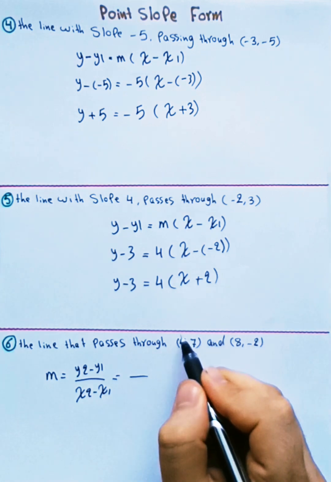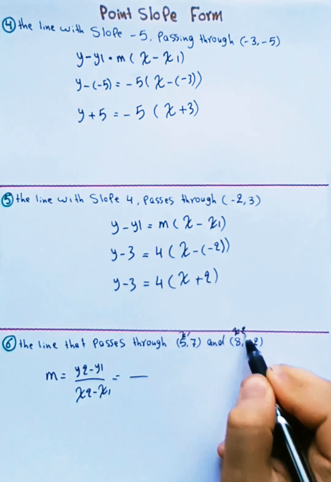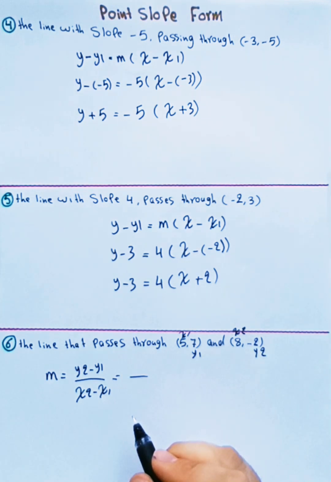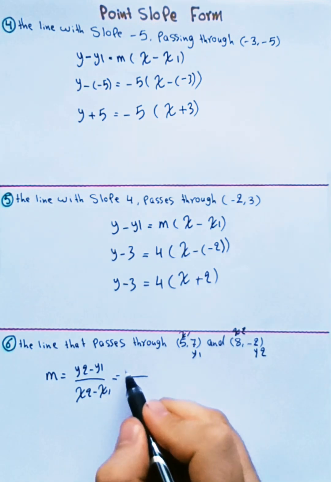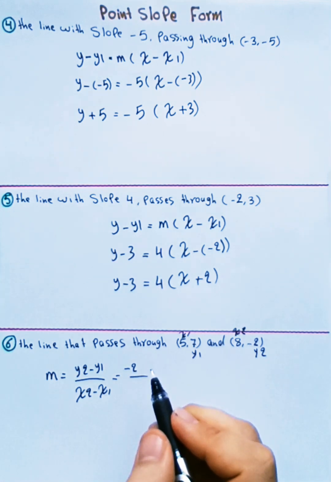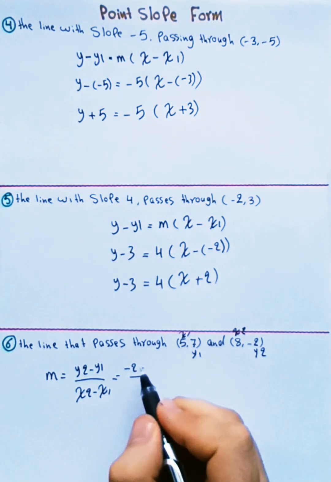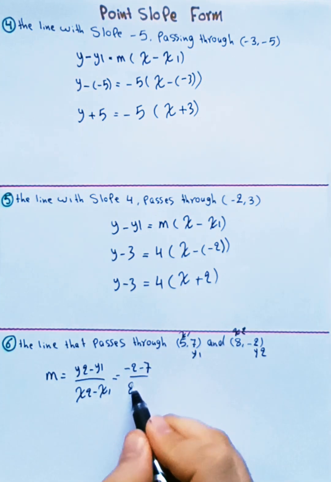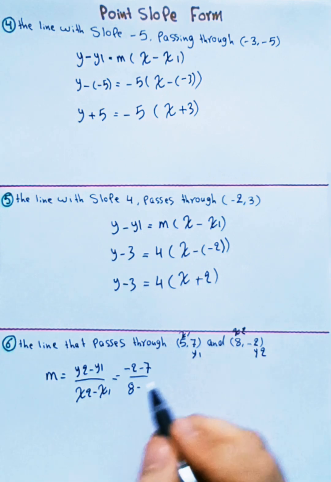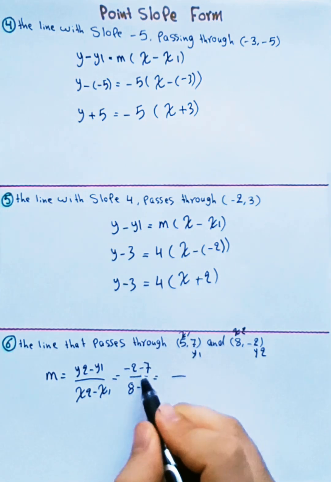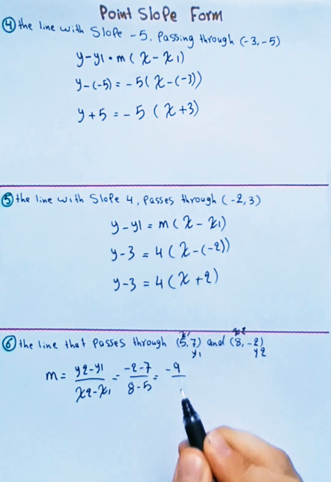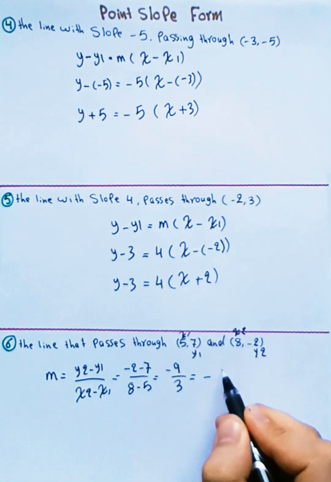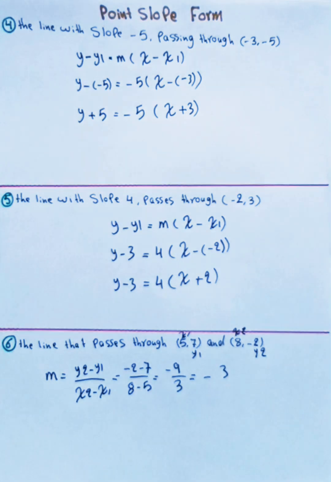So this is x1, this is x2, and this point is y1, this is y2. y2 minus y1, y2 is -2 minus 7, x2 is 8 minus x1 is 5. So you have to add these two numbers. We will get -9 over 3 equal to -3. So the slope is -3.